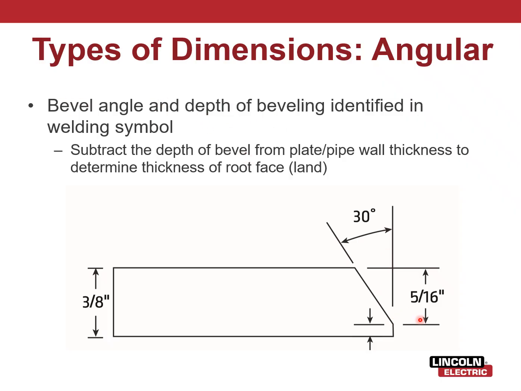If the depth of the bevel is 5/16, you subtract it from the plate thickness. So we want a 5/16 bevel depth, we have a 3/8 plate, that would give us the landing.